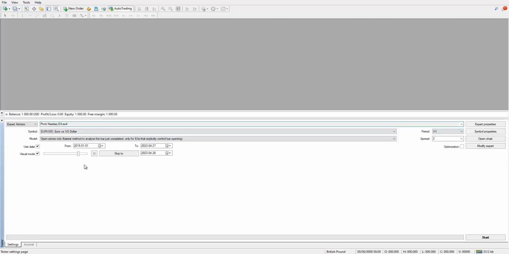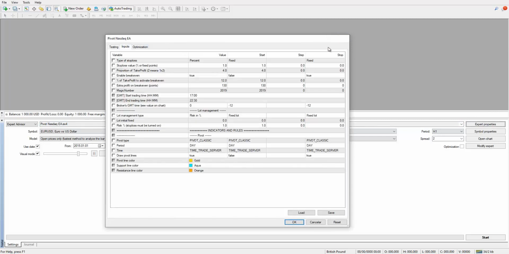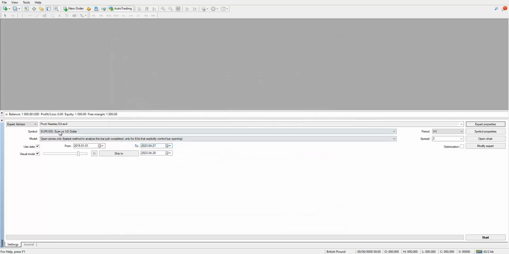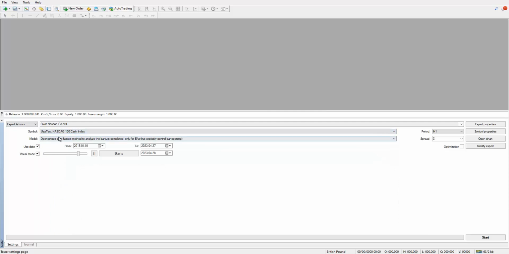That's an EA based on daily pivot points, so on inputs right here, you're gonna see that this EA works on daily pivots. The way it was built, it works only on NASDAQ. Here on my broker, the NASDAQ is used. Here I'm gonna put H1 time frame.